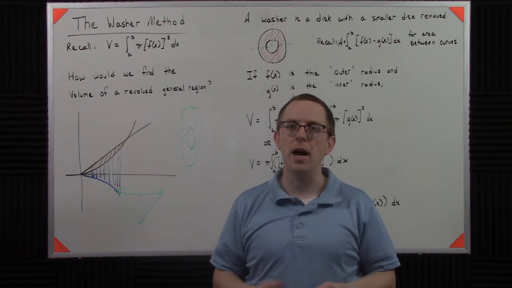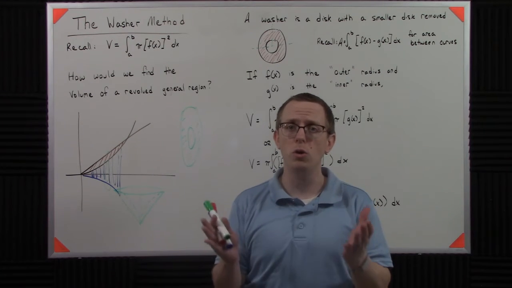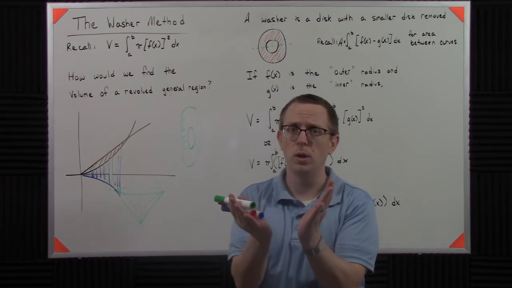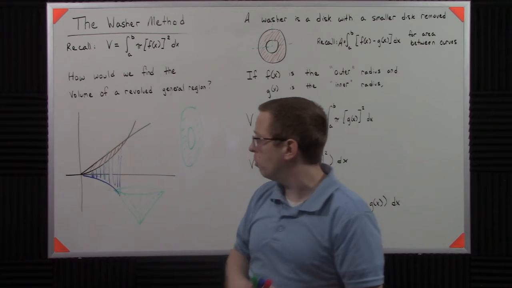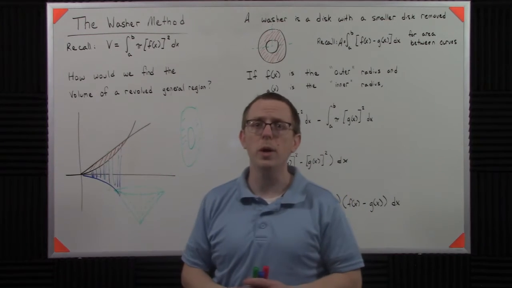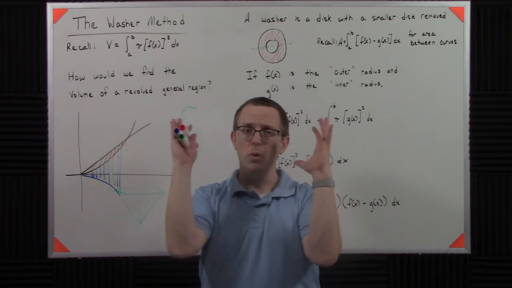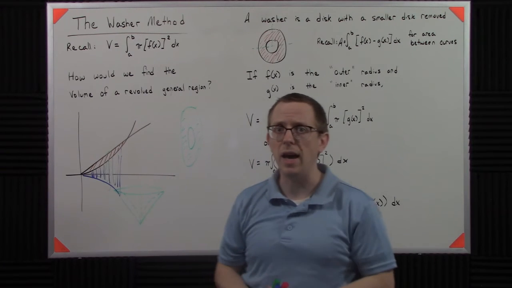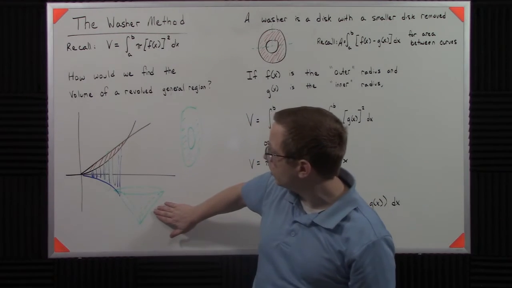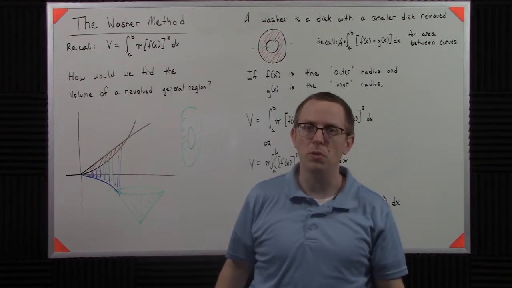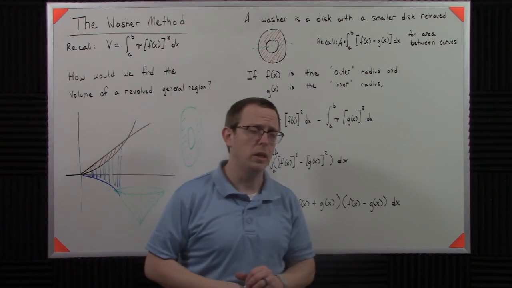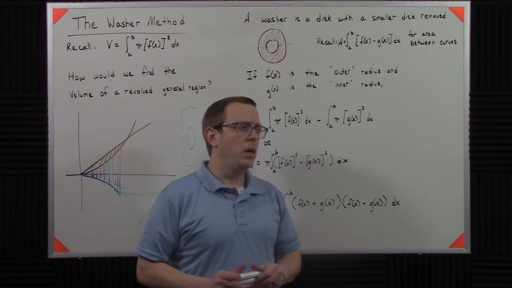So the way to do that is to say, I need the volume of the entire right circular cone, and then I need the volume of that entire blue region, and I'm going to take the volume of the big region, subtract the volume of the little region, and that gives me that final green volume there. And I know I'm not explaining this perfectly, but this is a tough concept.